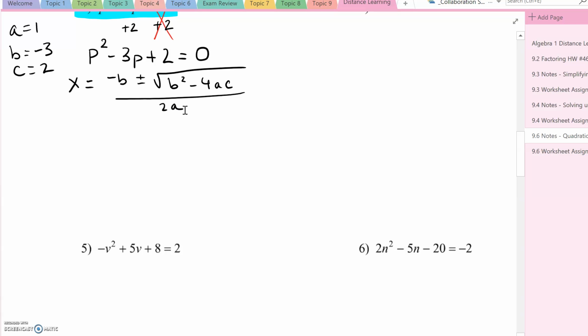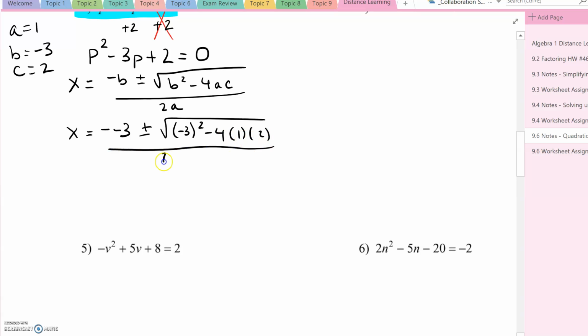I'm writing the quadratic formula for you every time because that way it makes sense why I'm plugging numbers in where I'm plugging them in. So x equals negative b, but b is a negative 3, so minus a negative, plus or minus the square root of negative 3 squared minus 4 times 1 times 2 all over 2 times 1. So I'm just plugging things in for a, b, and c.